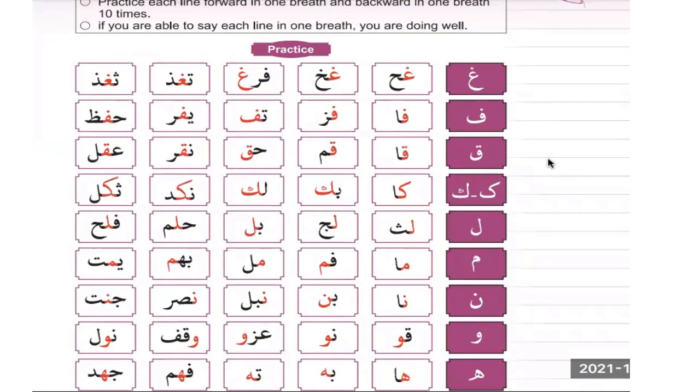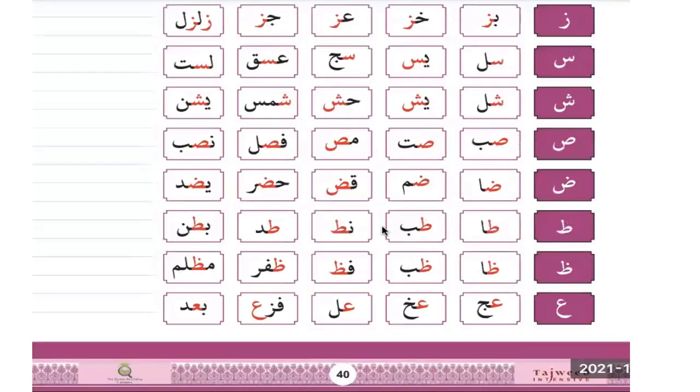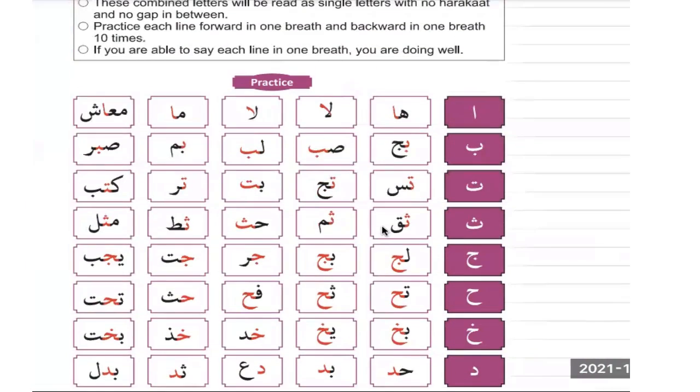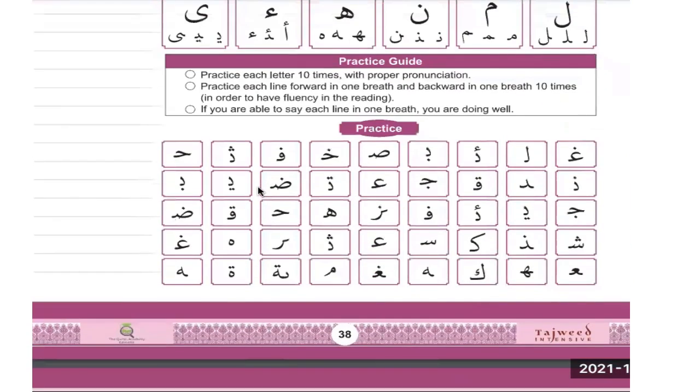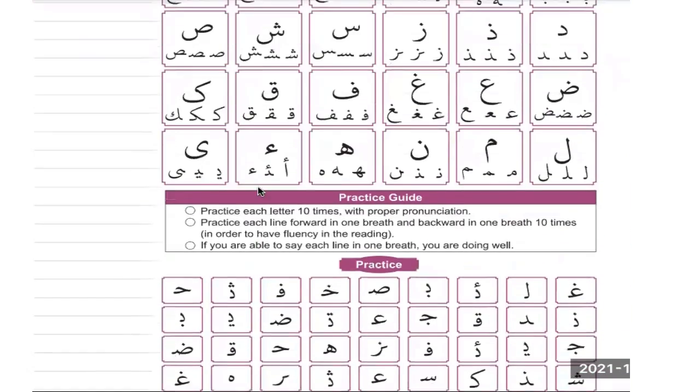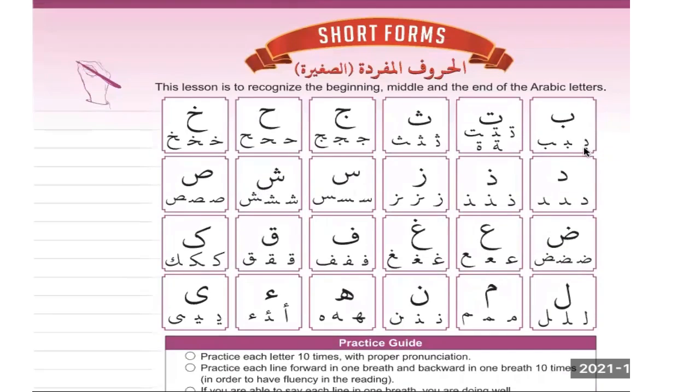Maybe you remember or not, but it should be somewhere. Look here, this is the ba practice. This is very easy to remember, right? Very easy when we say this ba. But it comes in different shapes.